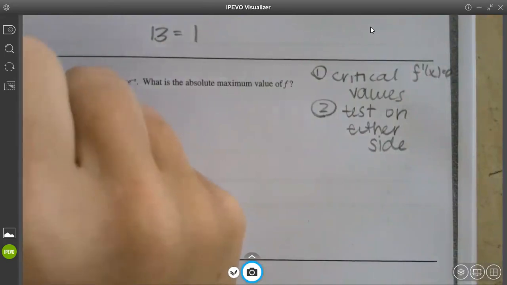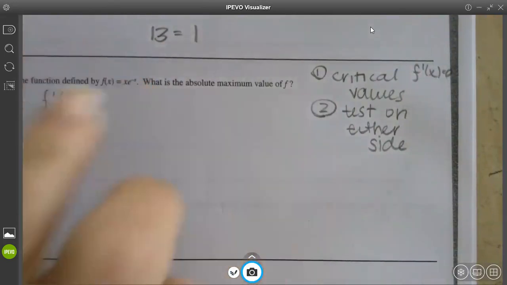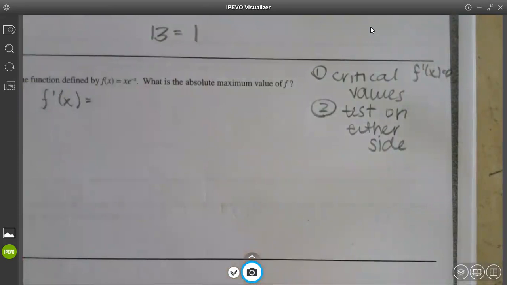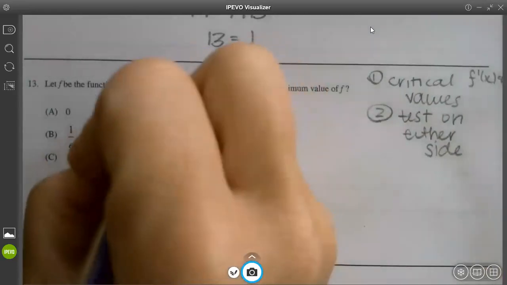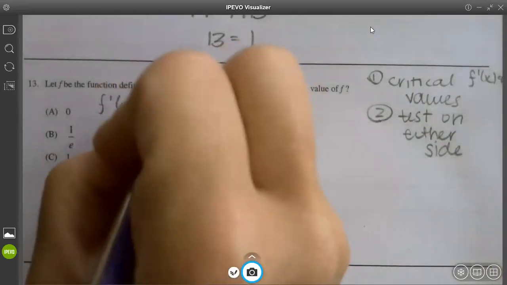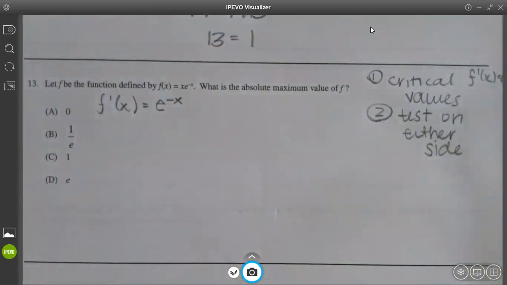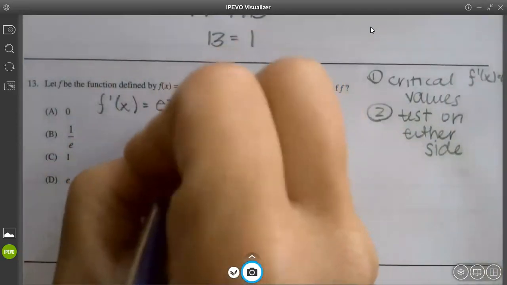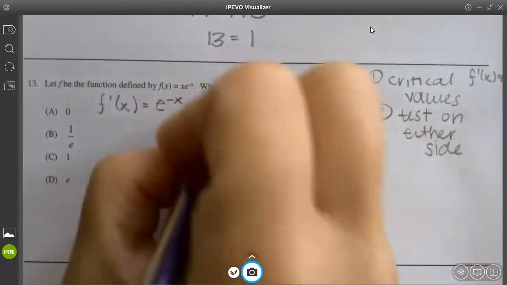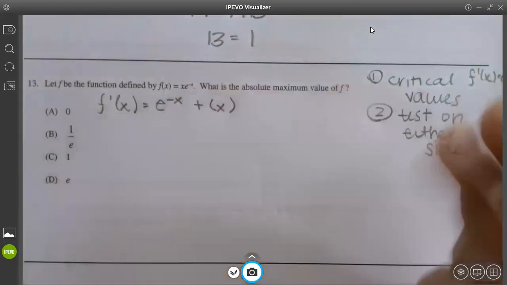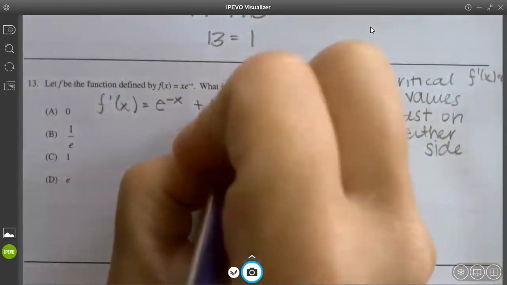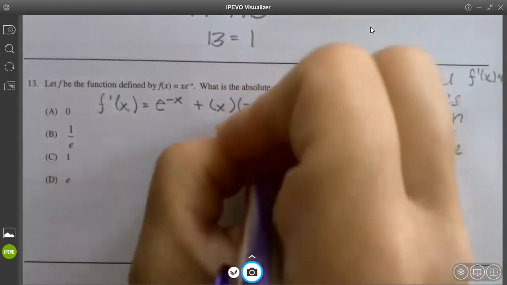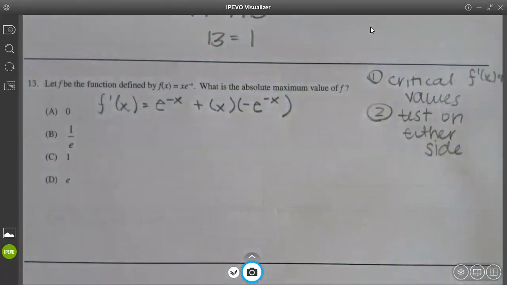So let's start there. What is your derivative of x e to the negative x? What do I got to do? Product rule. Derivative of the first is 1 times the second is e to the negative x plus the first one times what's the derivative of e to the negative x? How did you get negative e?